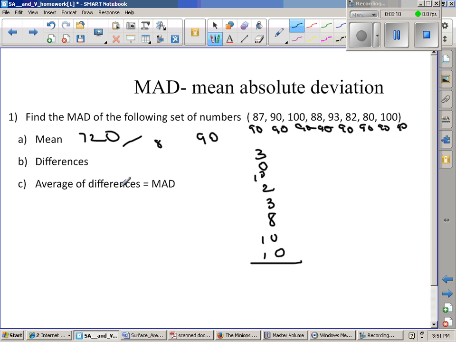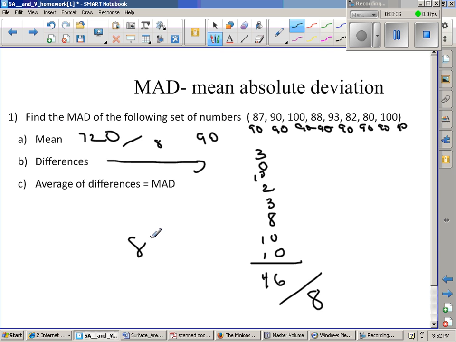And then it says to average those differences. So the second thing I did was find my differences, and now I'm going to average them. So 3 and 10, that's 13, plus 2 is 15, plus 3 is 18, plus 8 is 26, 36, 46. So I do 46, and now I count 1, 2, 3, 4, 5, 6, 7, 8, divided by 8.